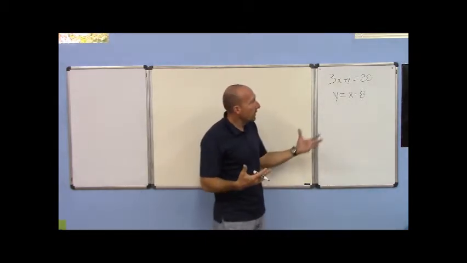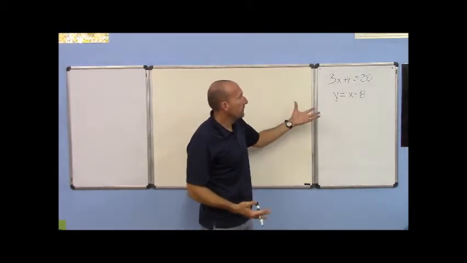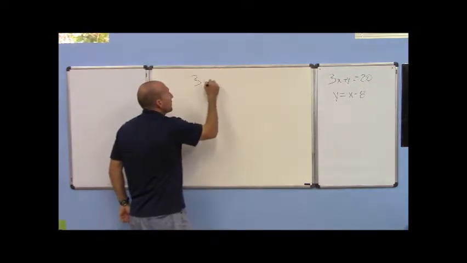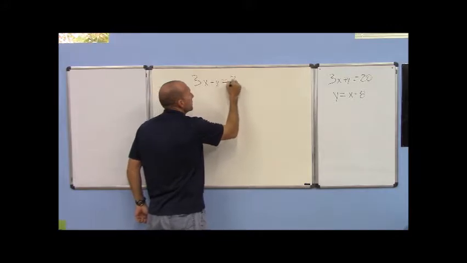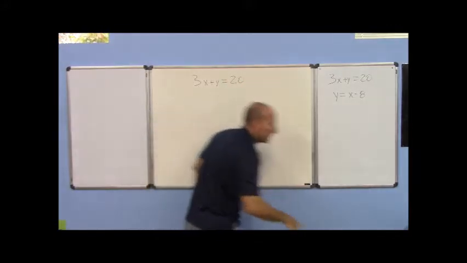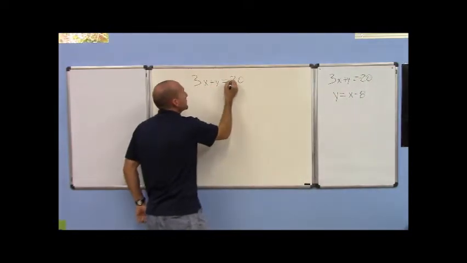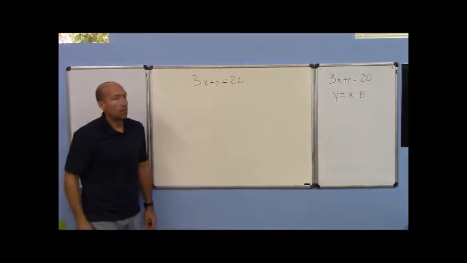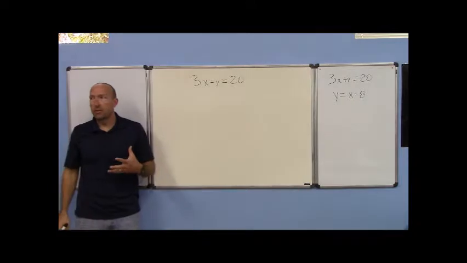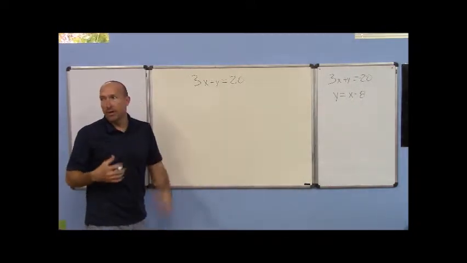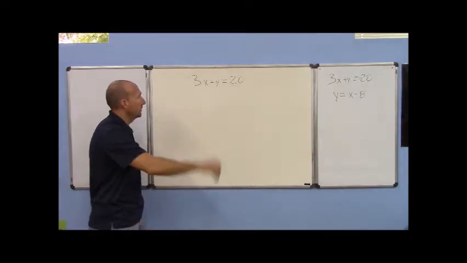If we wanted to, and we felt it was easier, we could take this 3x plus y equals negative 20. Is it negative 20? Oh, thank you. Negative 20. Let's say we just have this bad attitude about y and what it does, and we like x being by itself and we always want to shove y off to the side.